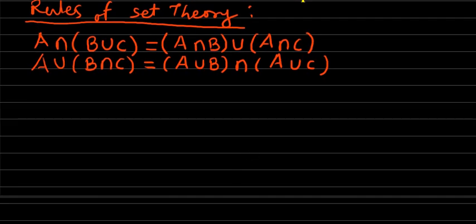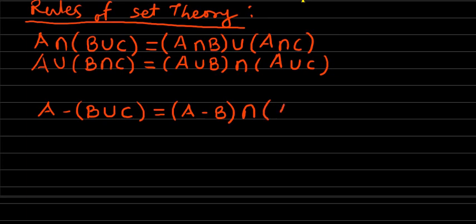The first one is A minus (B union C), where minus means the difference set, is equal to (A minus B) intersection (A minus C). This is the first De Morgan's law.